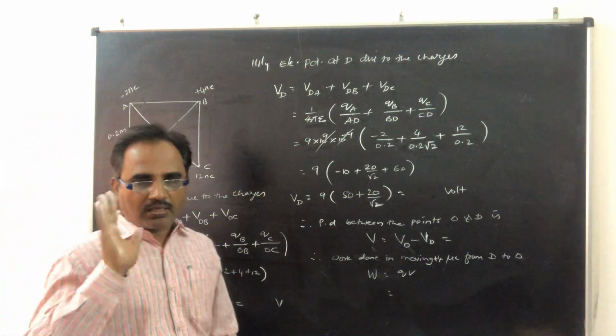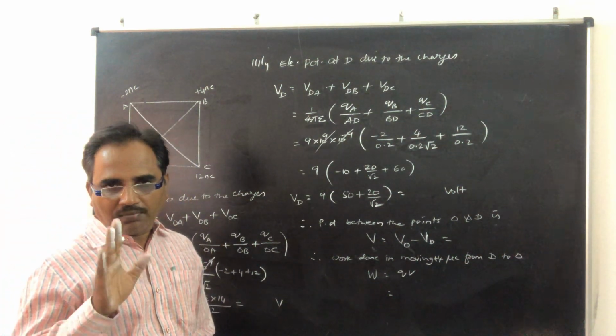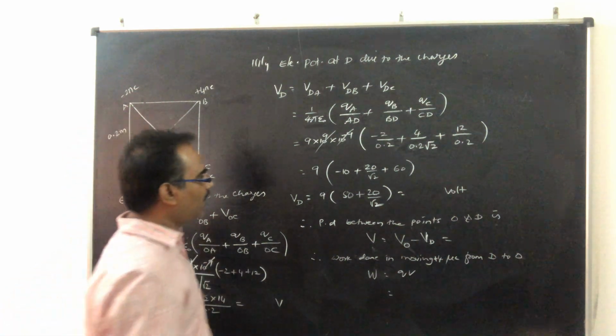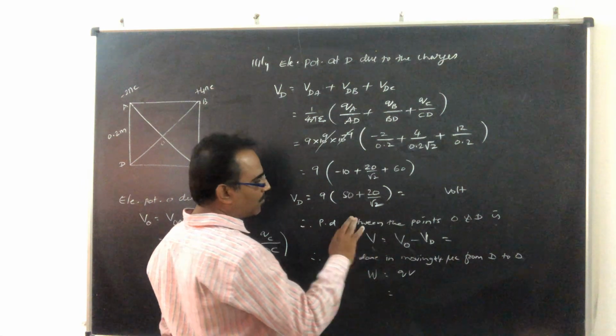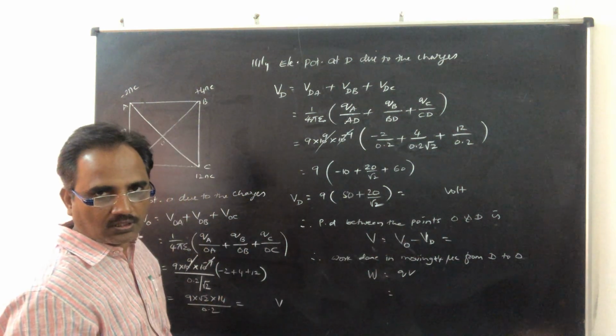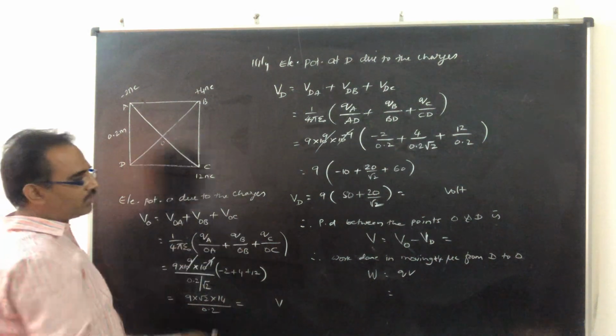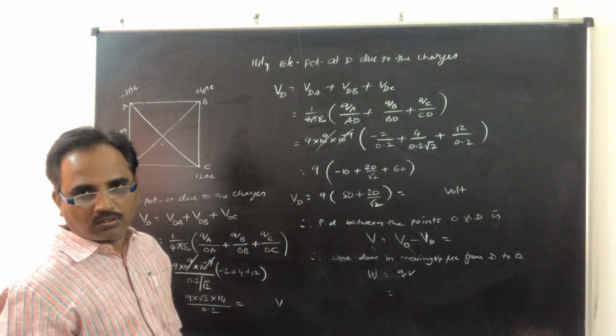So just remember, whenever you are asked to find the work done, it must be either electric potential into charge or potential difference into charge. When two specific points are given, then obviously it becomes potential difference.